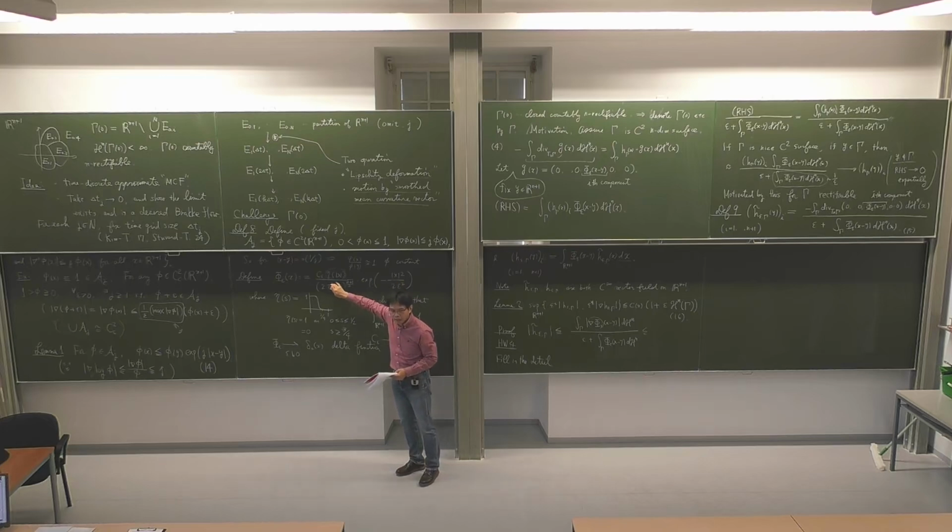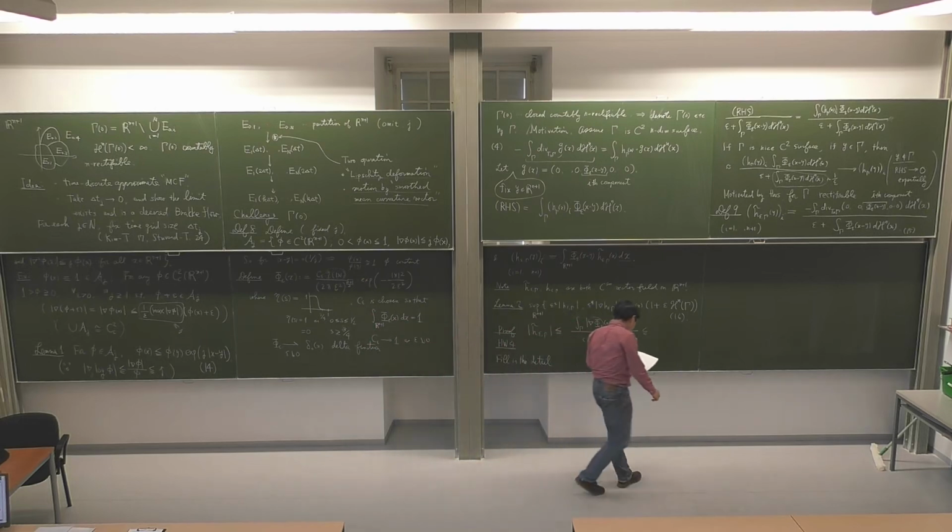Differentiation of this guy is actually non-zero only a bit away from the origin, because of this cutoff function. So away from the origin, where the gradient is non-zero, this guy is actually very small. It's exponentially small, and so you can bound this in an appropriate way.